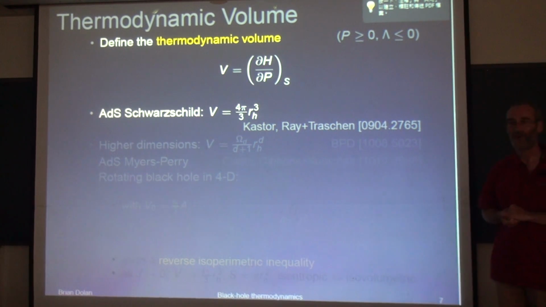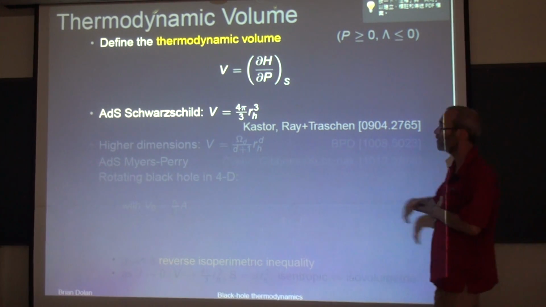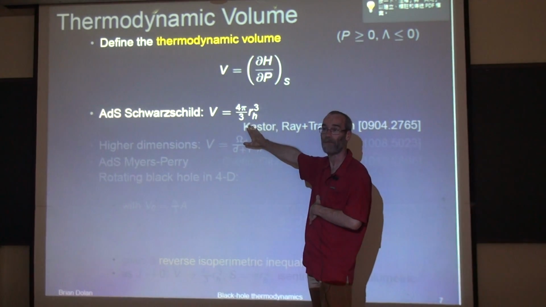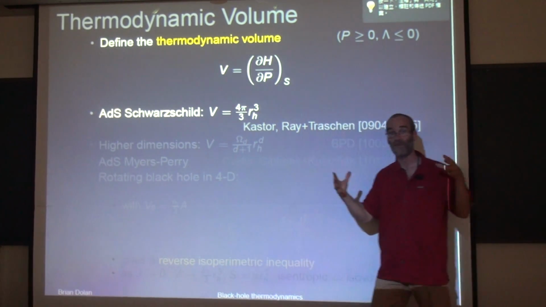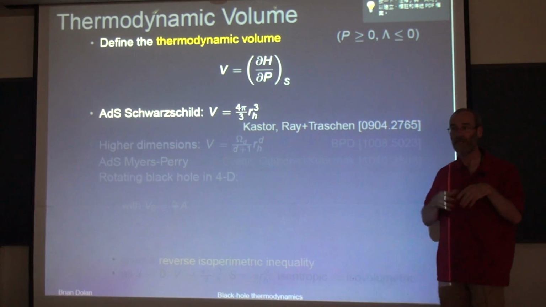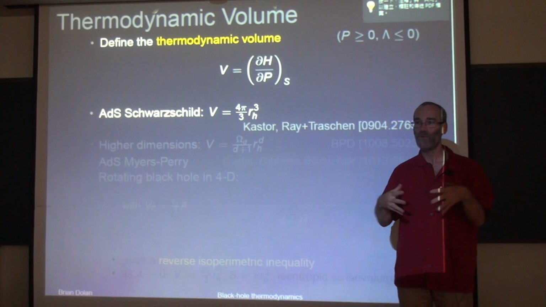Now, that may not look surprising to you, but if you think about it a little, it actually is very surprising. There's no simple way of defining the volume of a black hole. You cannot think of this as a geometric volume. For those of you who know the Schwarzschild line element of general relativity, inside the black hole, the radial coordinate is the time coordinate.